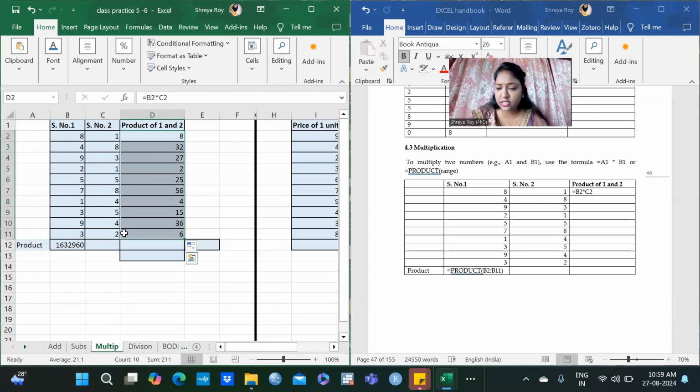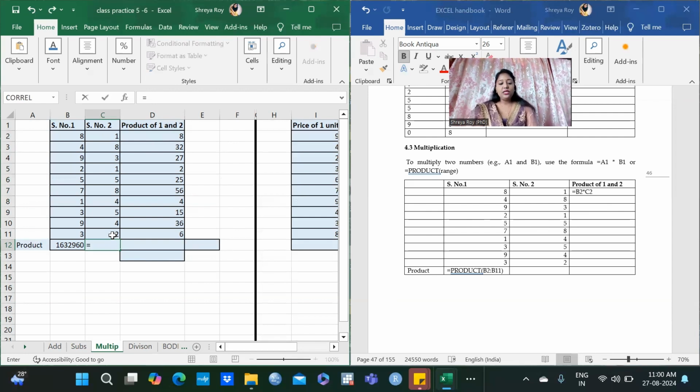You're not repeating the formula. But if you put your cursor on the corner and pull and drag, you are basically repeating the formula in the remaining cells. I hope that was understood. You were able to understand what I was trying to say over here.